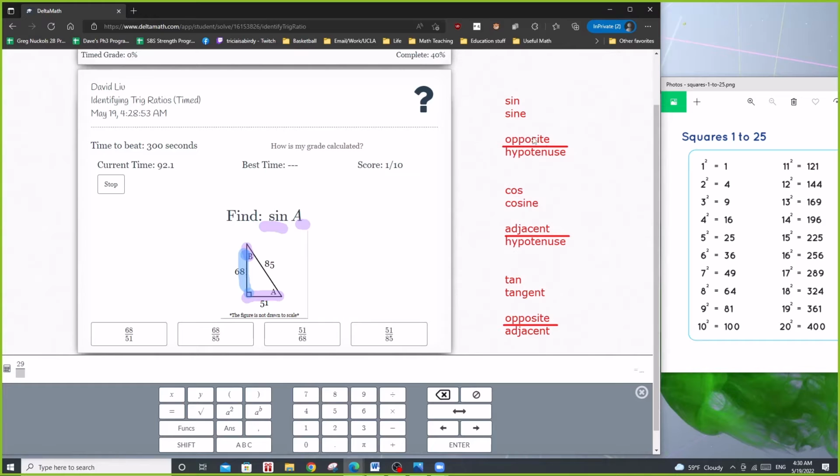This is why it's important to know how to recognize opposite, adjacent, and hypotenuse, okay?